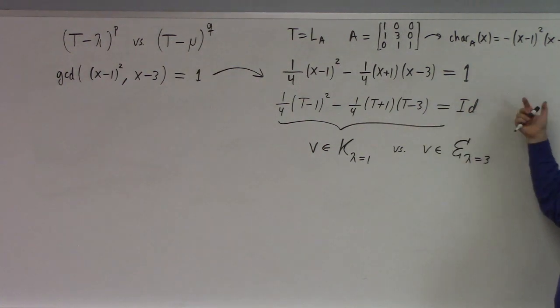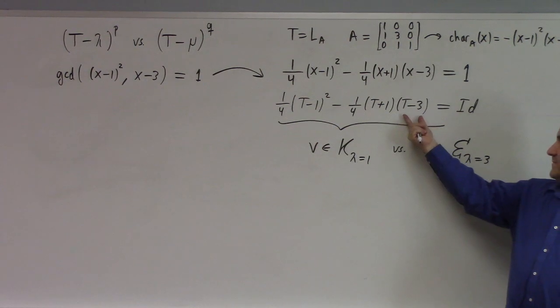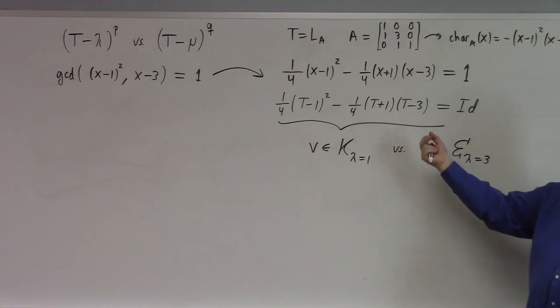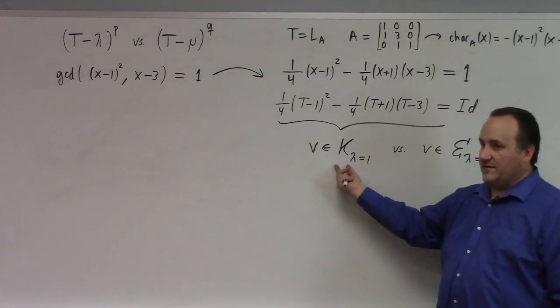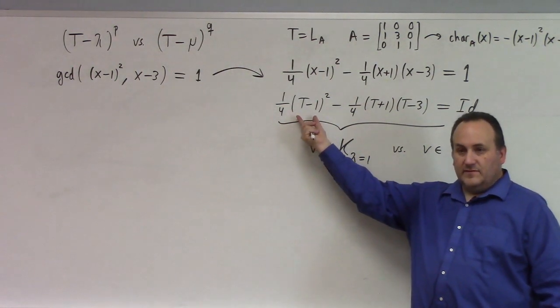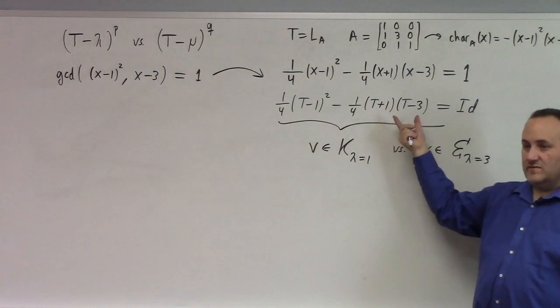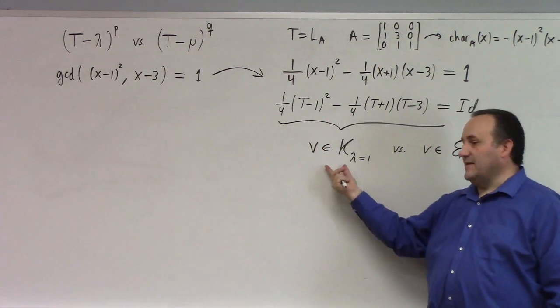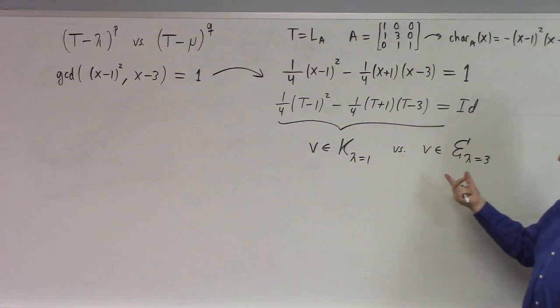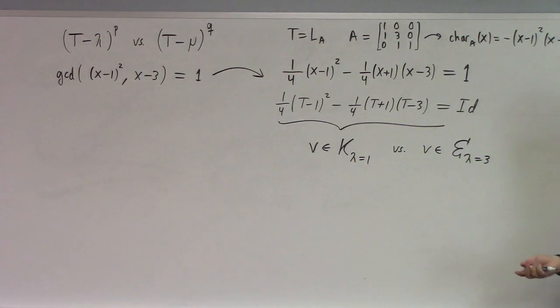See what happens here? An eigenvector dies here. The generalized eigenvectors, they all are killed by this. So these are actually projections onto the generalized eigenspace of lambda equals 1, or over here, lambda equals 3.